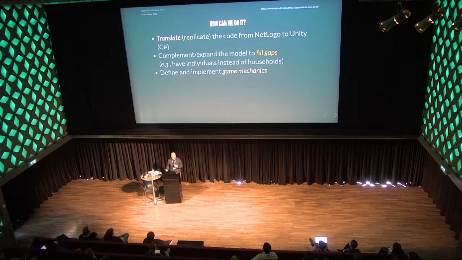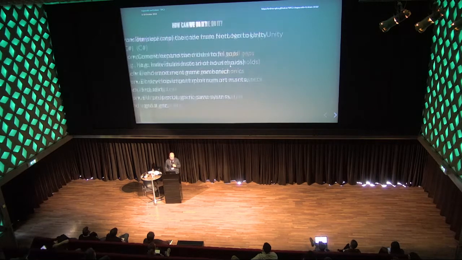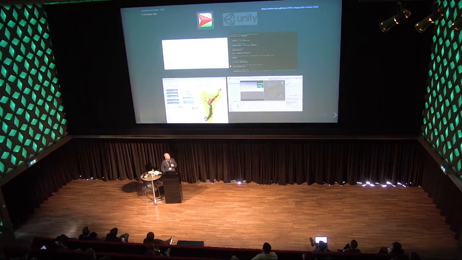So the game needs to be something else, with a lot of bonus goals, but of course that needs more collaborators. For changing from NetLogo to Unity, you can visually see the comparison of what happens, the code and the interface.